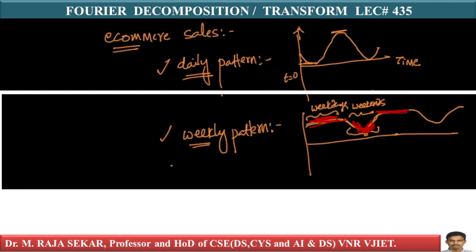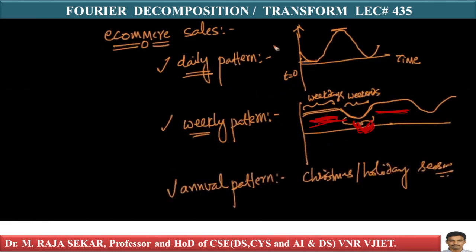So there is a daily pattern and there is a weekly pattern. There is also an annual pattern, especially in Western societies, during Christmas or the holiday season, when your sales for a company would be significantly more than in non-holiday periods.